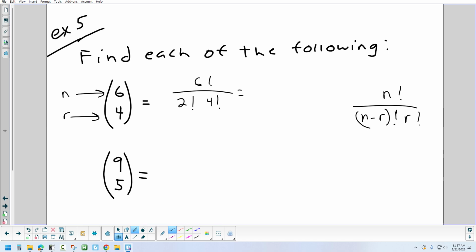Now, if we do this clever, there's a lot of things that are going to cancel out. In the top, you've got 6 times 5 times 4 times 3 times 2. That's the top. Now, don't worry about doing this one out yet. Just leave that. But do out the other one, 4 factorial.